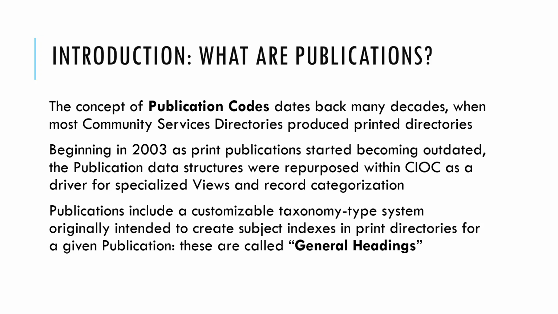Publications include their own little taxonomy system, which is originally for subject indexes in print publications, and have the appropriate name for that purpose of general headings. And again, this is a case where we've kind of outgrown our original name but haven't changed it. Now general headings are really about creating custom taxonomies for special purposes, where you want to simplify more complex category systems like the ERS taxonomy, or you want to narrow it down to just a very small range of those topics for some particular intention.